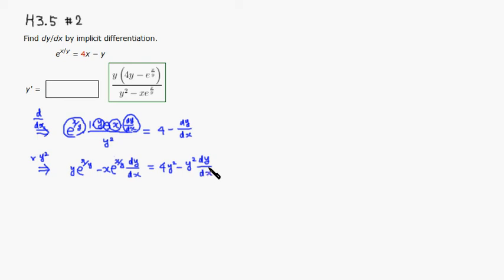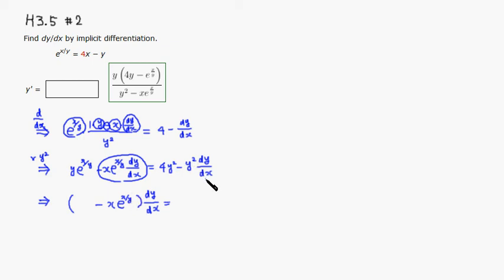Alright, so now we're going to try to put all the terms with dy over dx in it on this side. So dy over dx, right? We see one right here. So this term has dy over dx. So you would have negative x e to the x over y.